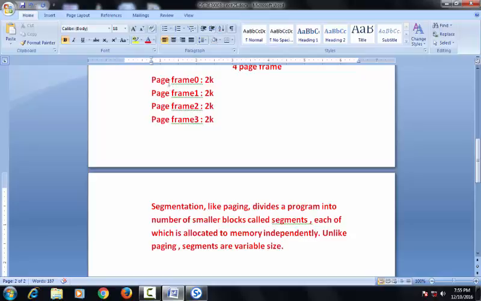In the paging technique, each page frame has to be equal in size. But in segmentation we have different segments, and each segment may have a different or variable size. The size is independent. So unlike paging, segments are variable size.